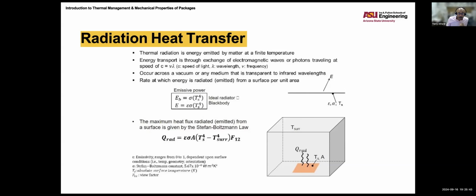Okay, so I can look at the equivalent thermal resistance for conduction using Fourier's law. If I want to look at Q, now I have a thermal resistance for conduction. For convection, I go with Newton's law of cooling, and I get a thermal resistance for convection.